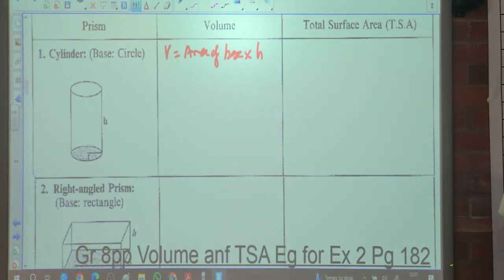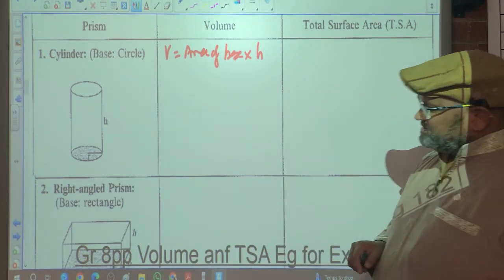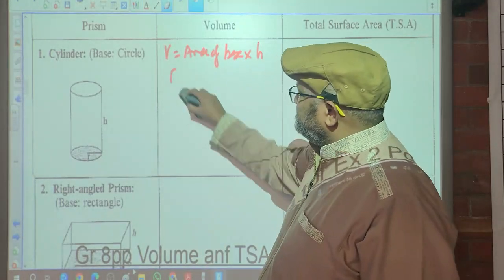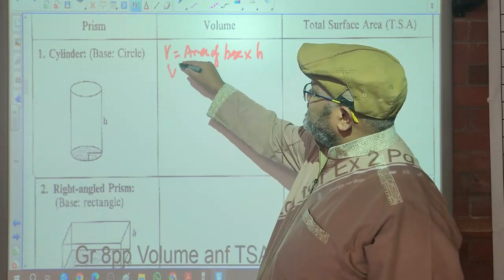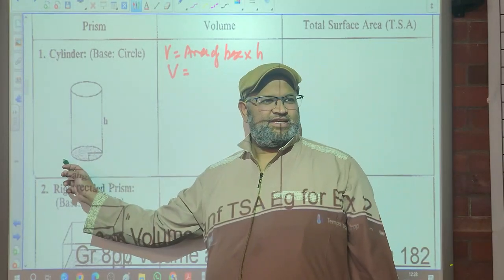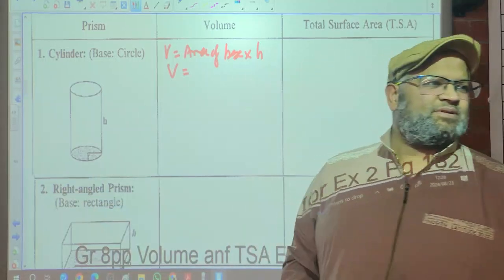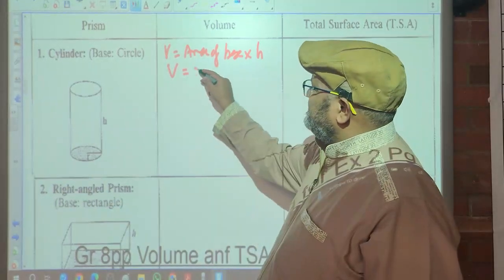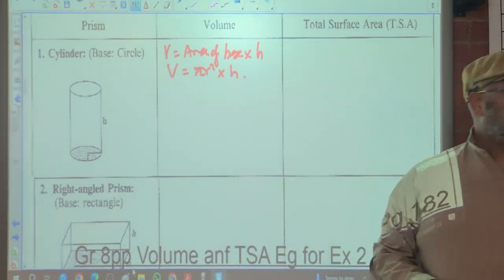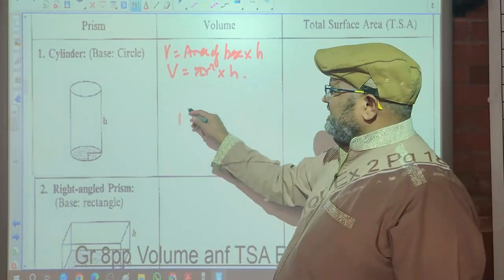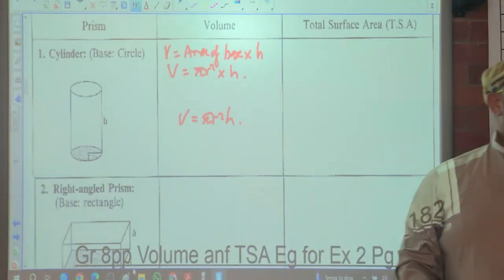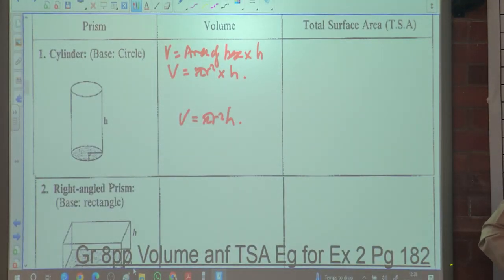What type of shape is this base? Circular base, not so? So the volume is equal to the area of a circle, people. Pi r squared times the height of the object. Or you can have just written it as volume is equal to pi r squared h. It's the same thing. You guys understand?